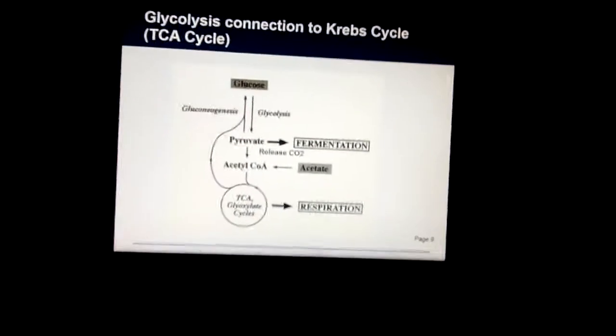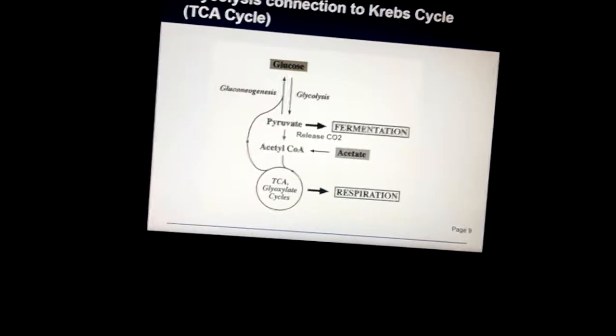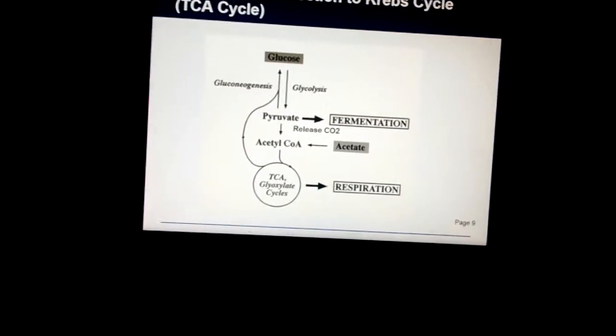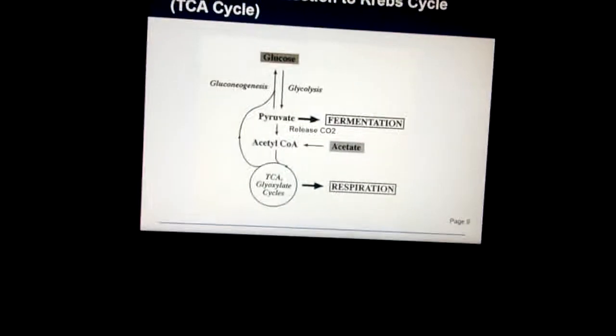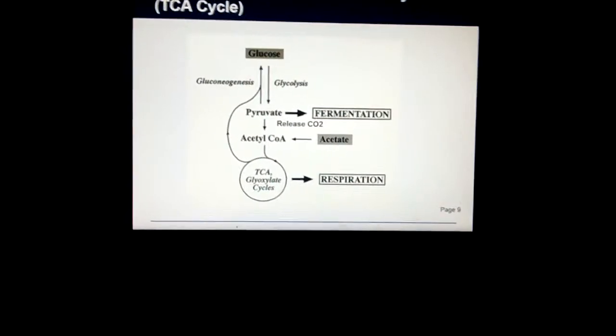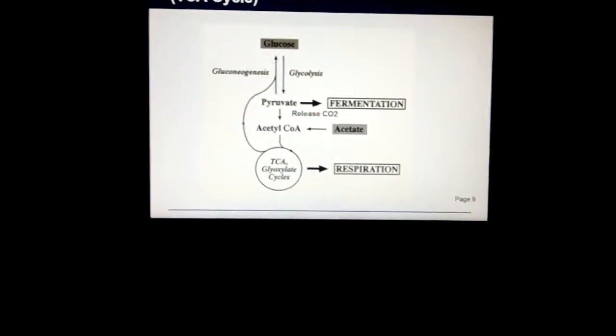So here's a short diagram showing you how glycolysis connects to the Krebs cycle. In this diagram, the Krebs cycle is labeled as the TCA cycle. So the end product of glycolysis, something that I forgot to mention, is that glycolysis occurs in the cytoplasm of the cell.